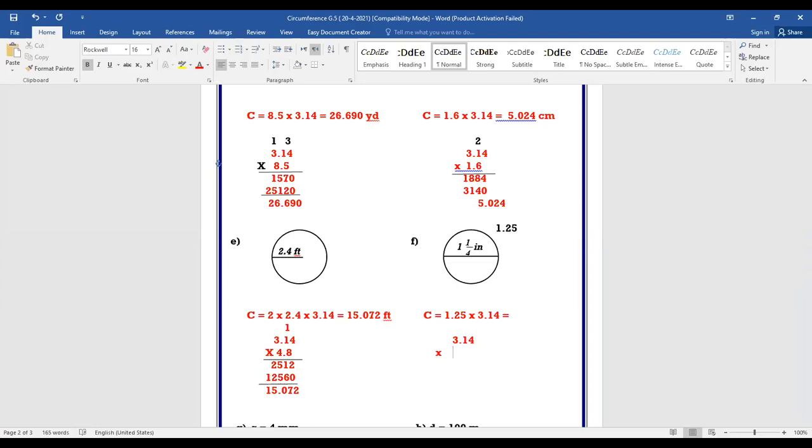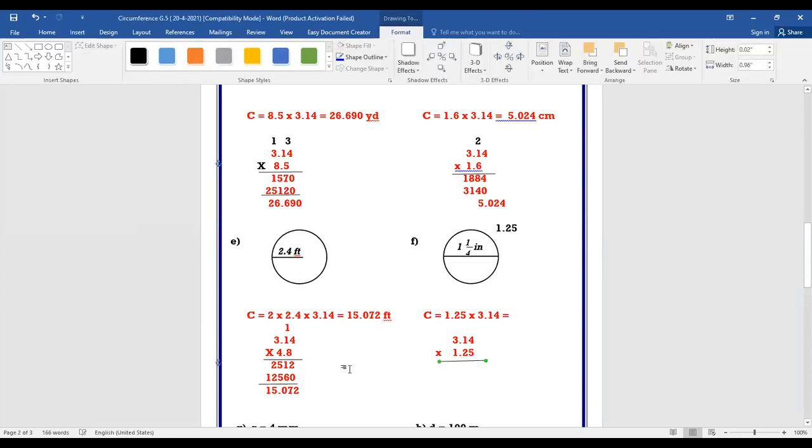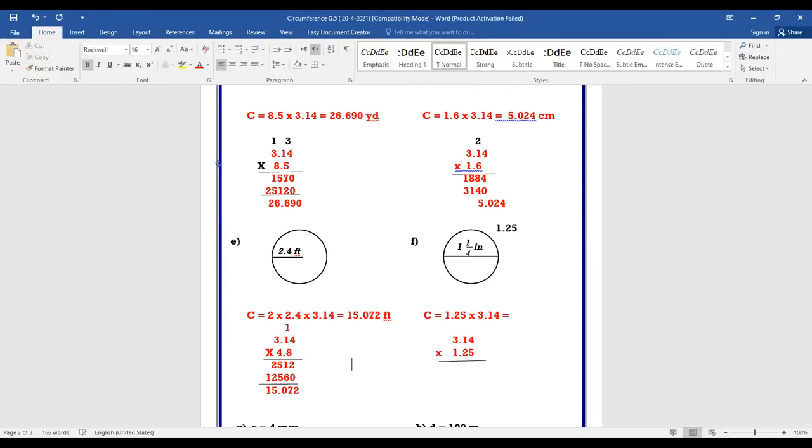Multiply 1.25. 4 multiplied by 5 equals 20. Write 0 and carry up 2 over 1.